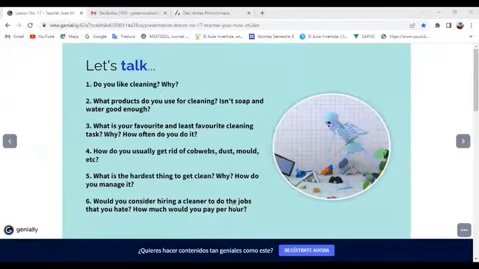In my personal opinion, I think mostly people don't like cleaning because you need to spend a lot of time. In some cases, it's not very easy. But I agree with Benjamin.